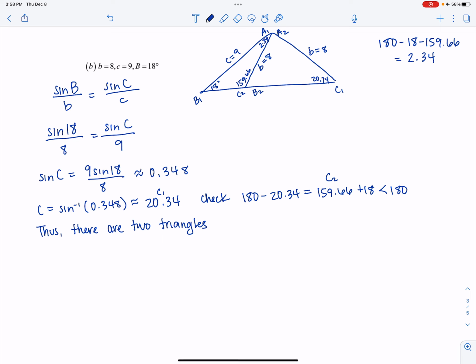So I guess I need to switch the C's. So this is triangle 1 and this is triangle 2.